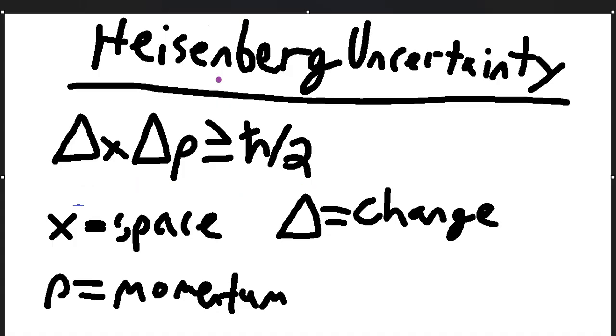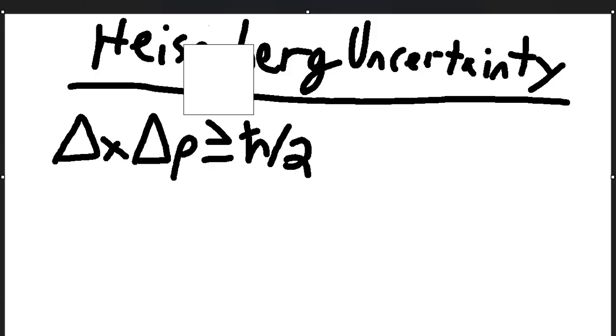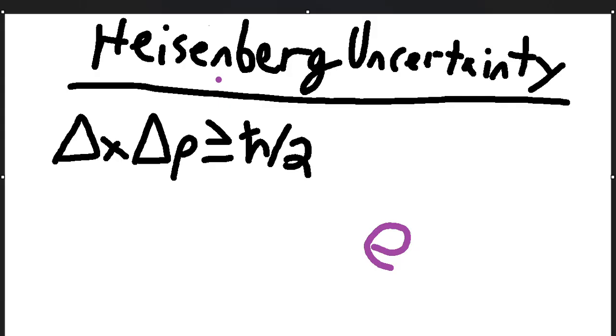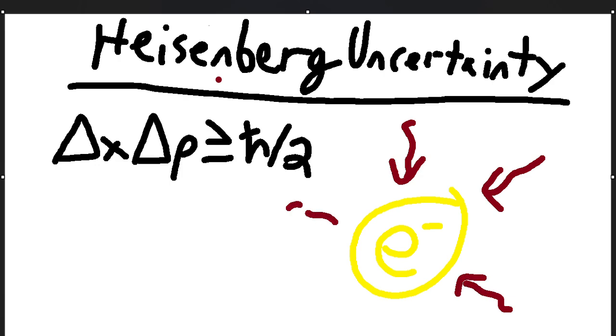And I'm going to give an example where this might be somewhat easier to comprehend. Suppose we have an electron, and let's say that it's bounded by photons coming in from all directions. So we're trying to restrain the electron with these photons.